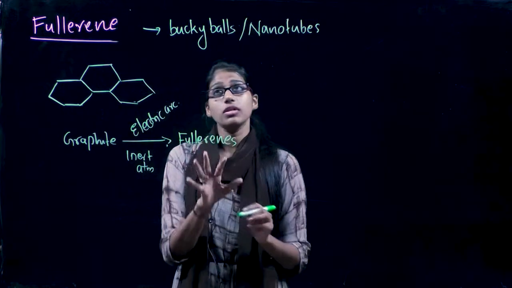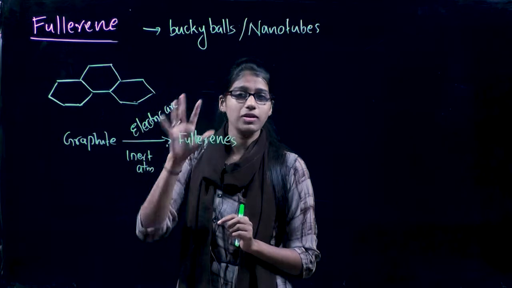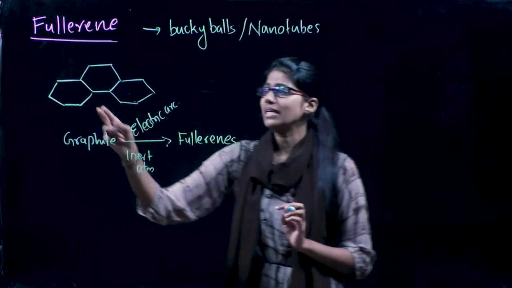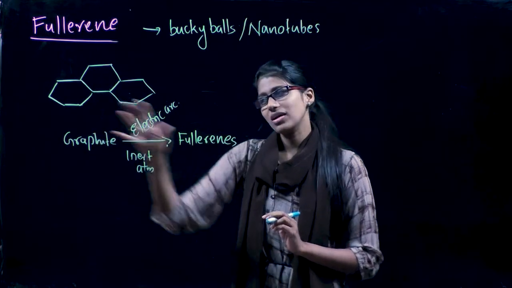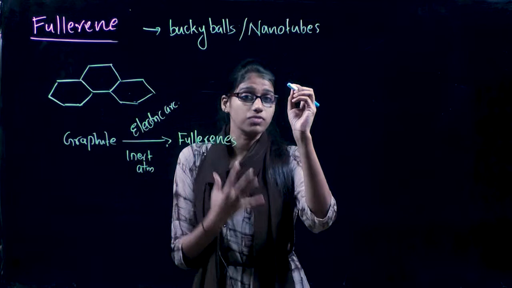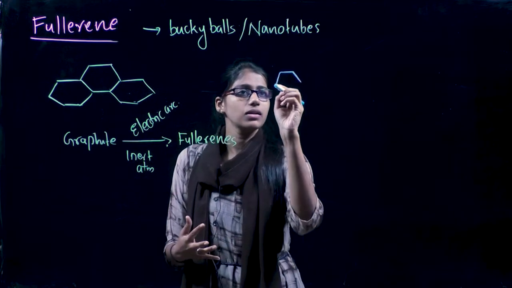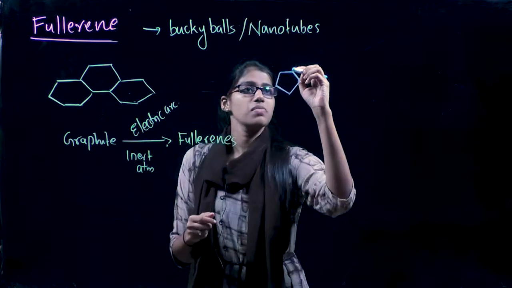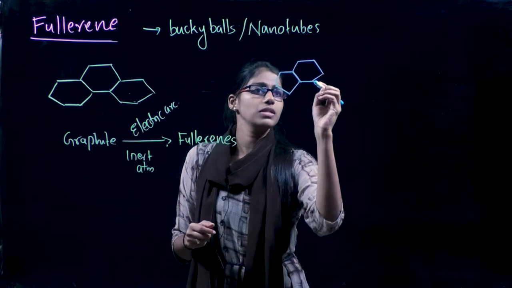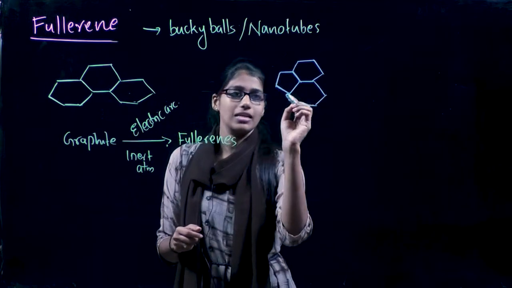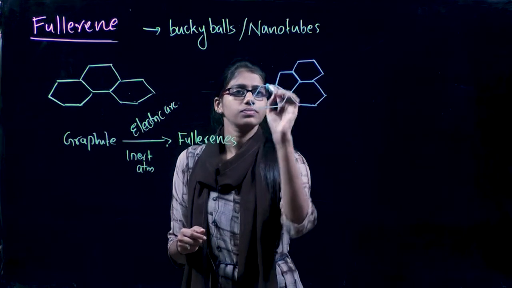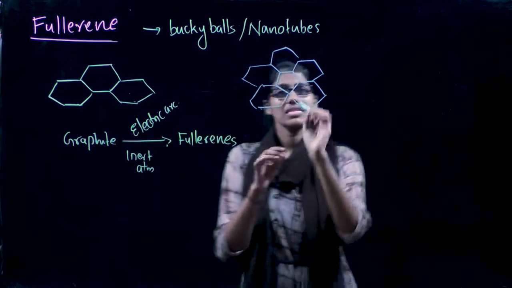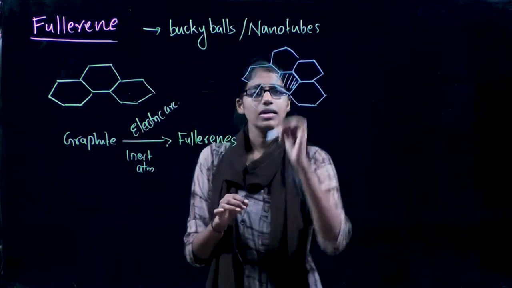So when you consider the fullerene, let's consider the buckyballs where you have the sphere. In this case, the sphere can have all rings hexagonal, or it can have two types of rings: one pentagonal, where you have 5 carbons joined to give the pentagon shape, and the other hexagonal.